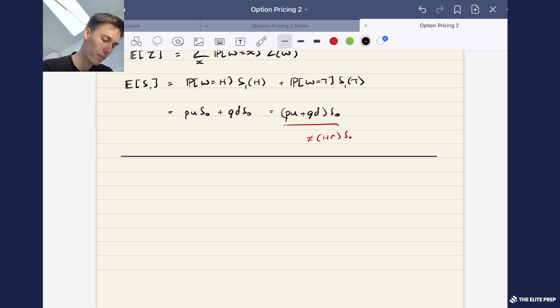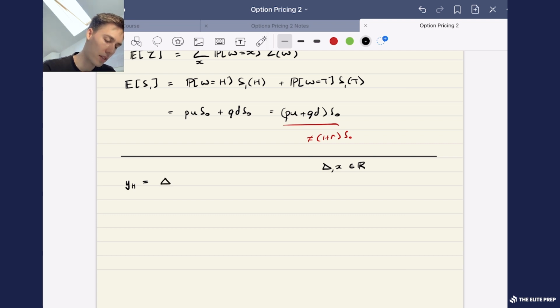So YH should be equal to some combination of stock and some investment in our money market account, just a bank account. Again, delta and x are just real values. They can be positive or negative.